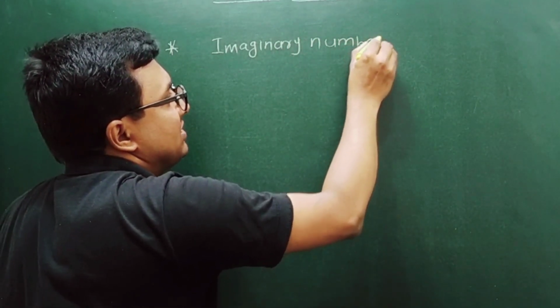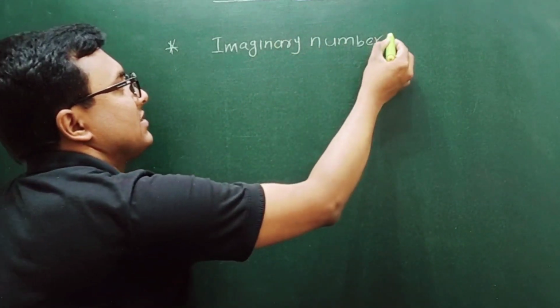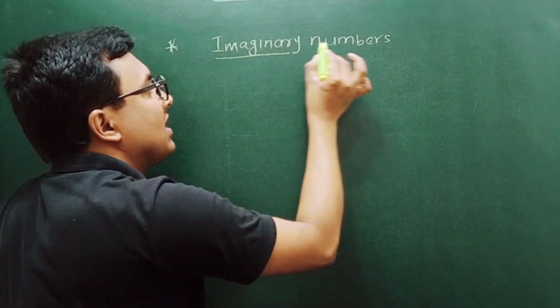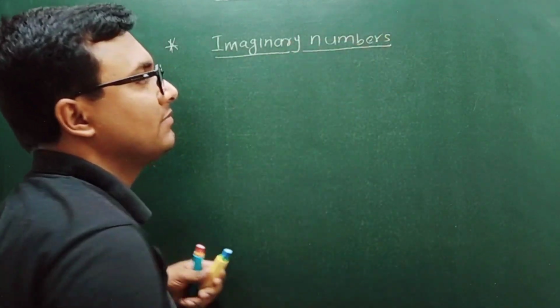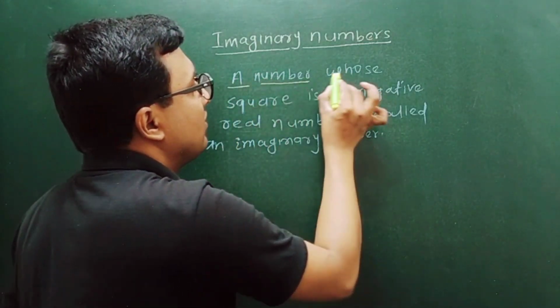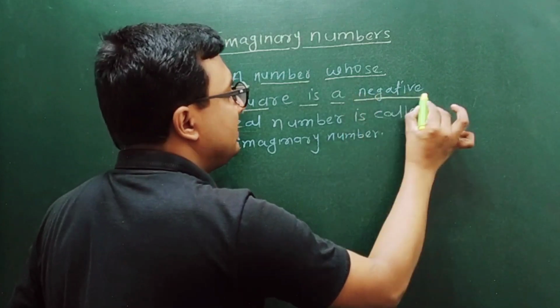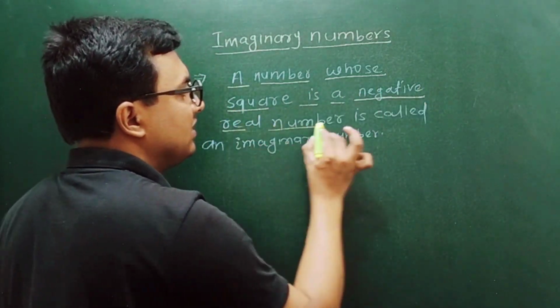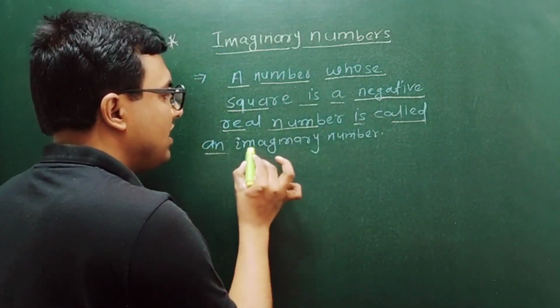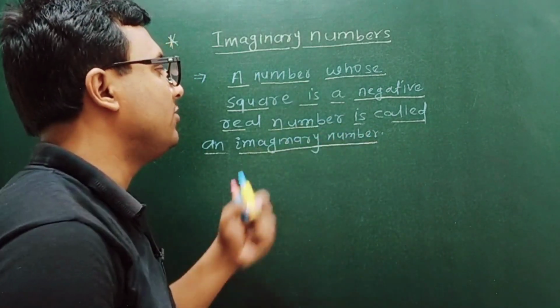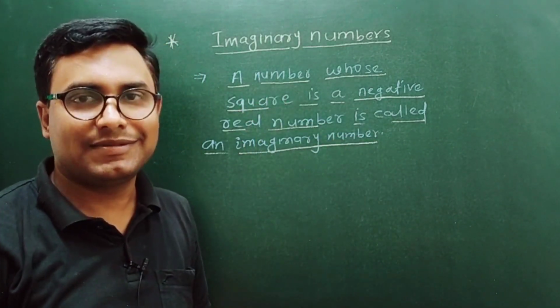What is an imaginary number? A number whose square is a negative real number is called an imaginary number. What do you mean by these words?